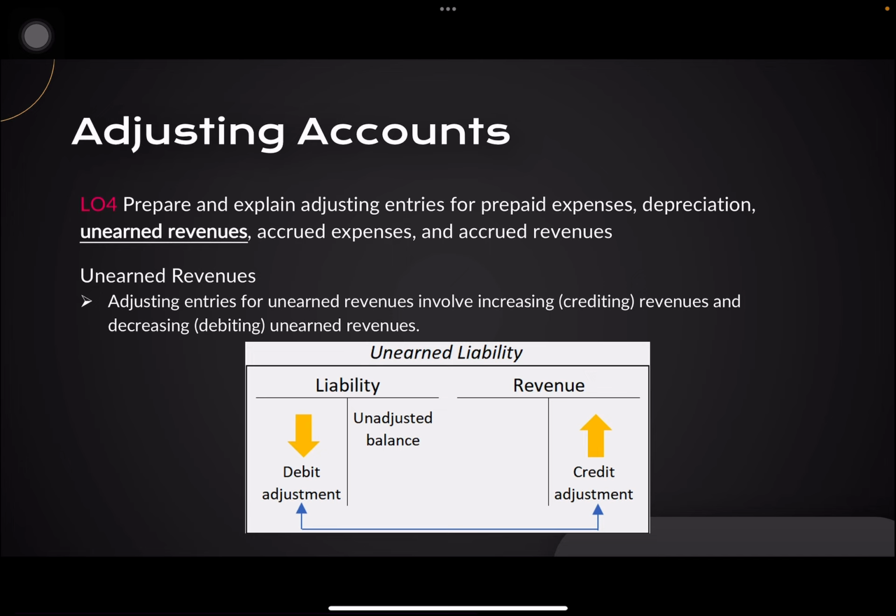So initially, the normal balance of your liability would be on the credit side. However, as you perform services or deliver goods or items to your customers, you will need to decrease the value of your liability and transfer it as part of your revenue or sales.